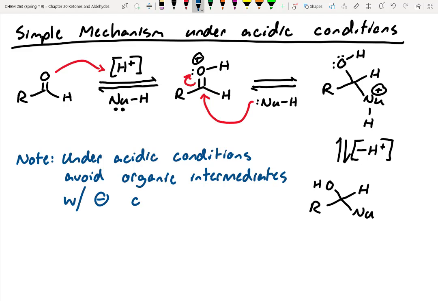So up here we were able to avoid that by protonating in the first step. We had an intermediate with a positive charge, which is fine, but we never had an intermediate with a negative charge. So both of these intermediates had positive charges. Make sense? It's one of the most common mistakes I see students make: they always default to the basic mechanism because it looks a little bit easier. However, it is important to remember that it does depend whether or not it's done under acidic or basic conditions.